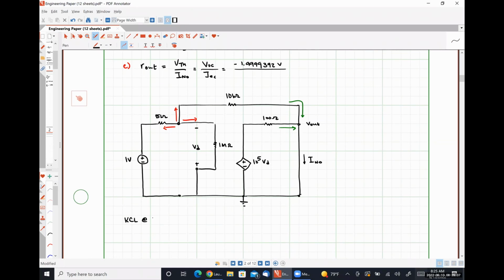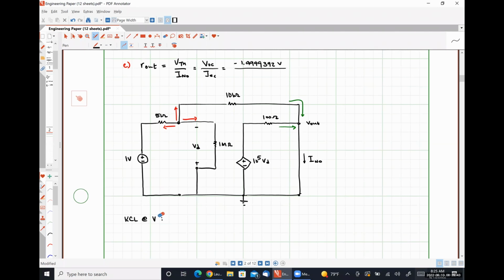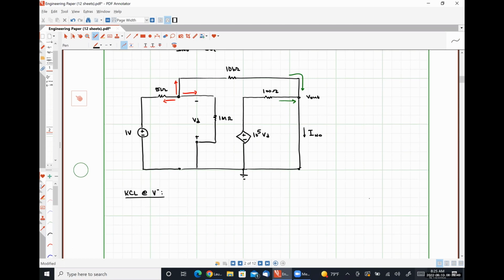So KCL at my inverting input node, excuse me, is going to give me V minus 1 volt over 5 kilo ohms plus V minus over 10 kilo ohms. I can say this because my output terminal is connected directly to ground. So that's why I don't have a minus V out term here.